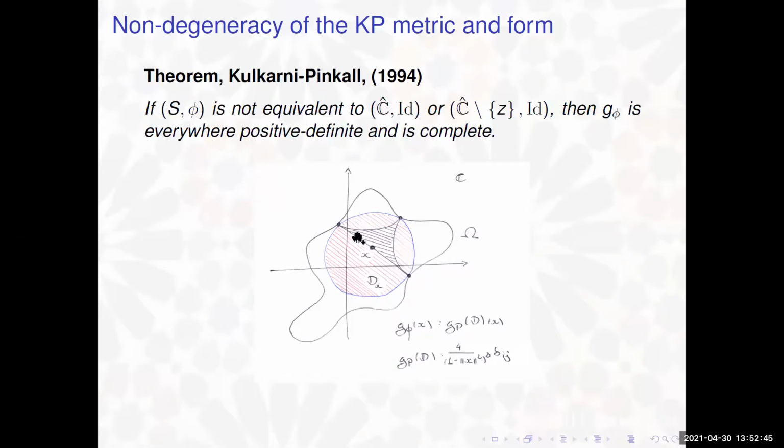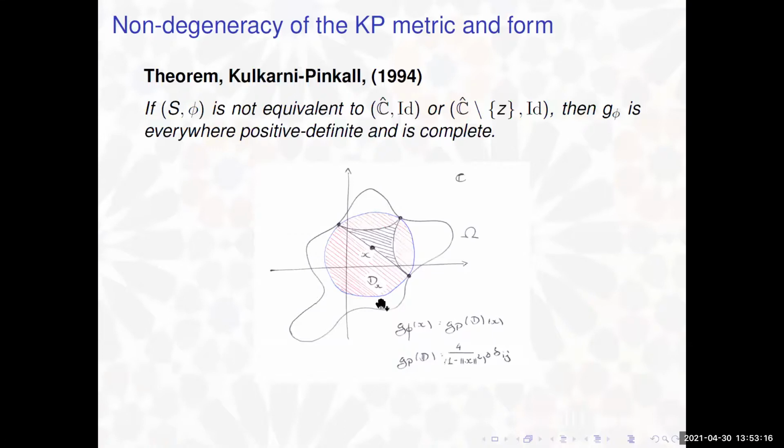Then you can look at the convex hull, with respect to its hyperbolic structure, of this set of points, and you can show that your disk is maximal for your initial point X if and only if that initial point lies in this convex hull. Then with a little bit of work you can show that there exists a maximal disk if and only if your flat conformal structure is not of this type.